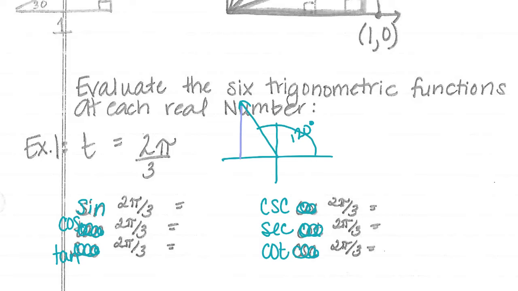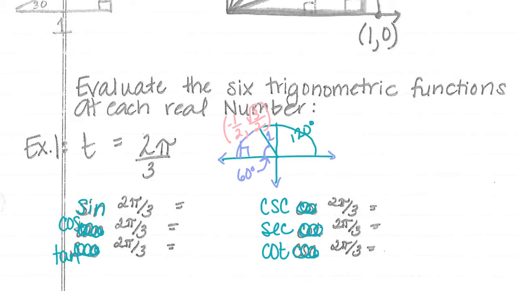So I know that when I make my triangle and the radius is 1, this is going to have a reference angle of 60 degrees. To get me all the way to 180 degrees, this is going to have a 60 degree reference angle. So I know this point is at negative 1/2, root 3 over 2.